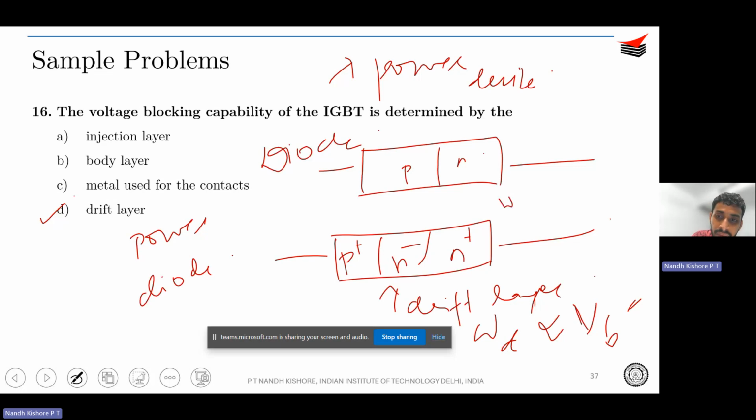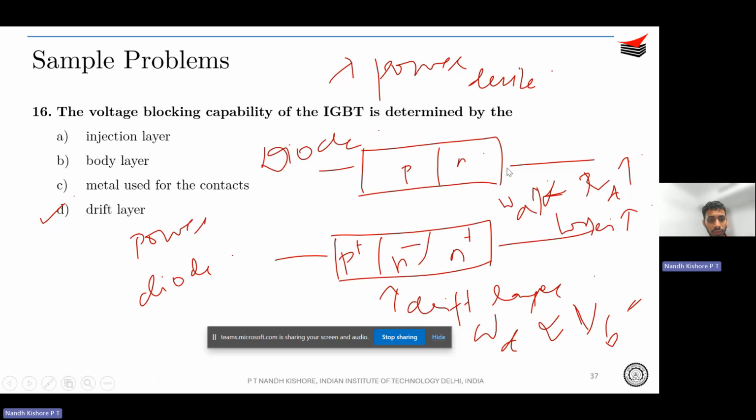As the width of the drift region increases, the resistance or the forward voltage, however you may call it, is also going to increase. So the losses are going to increase. It always comes at a cost. So you just cannot use very high voltage rated devices for all applications. You just need to choose the values judiciously. So the idea is that the voltage blocking capability is determined by the drift region.